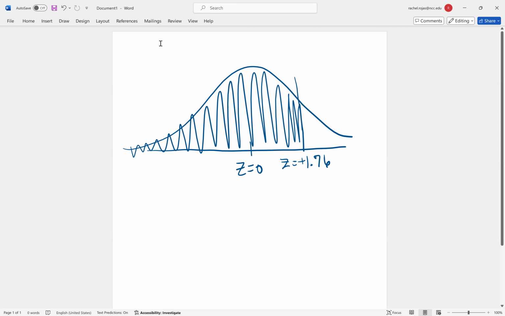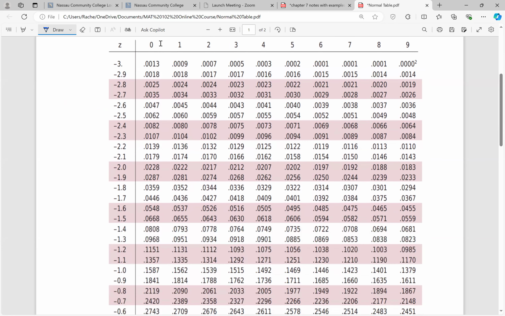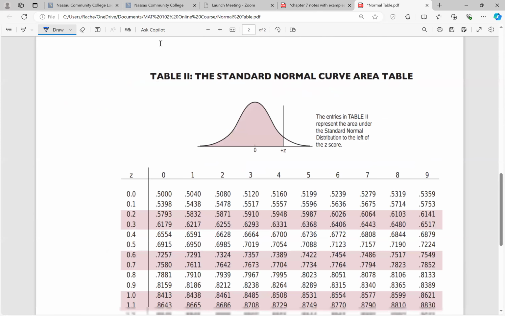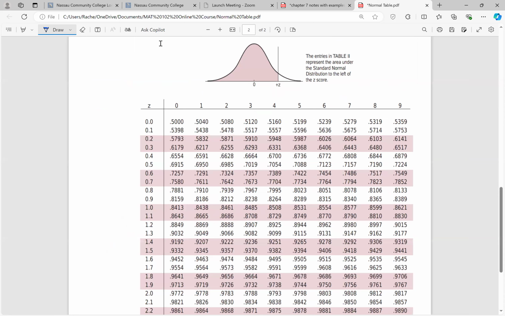So I'm going to go to the table. Now I have to go to the positive table because we're looking for a z-score of positive 1.76. So I'm going to look up 1.7, and then I have to look up a 6 in the 100 spot.